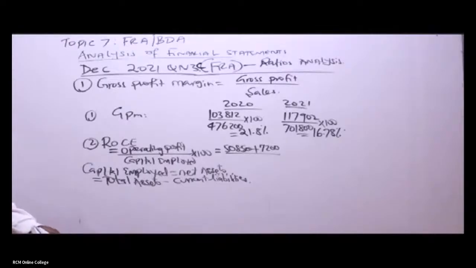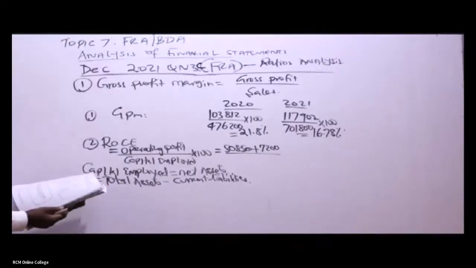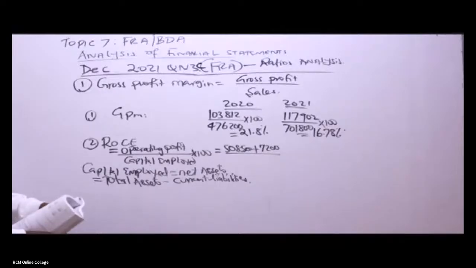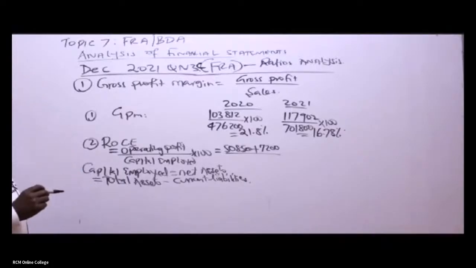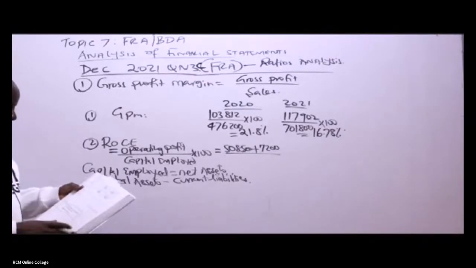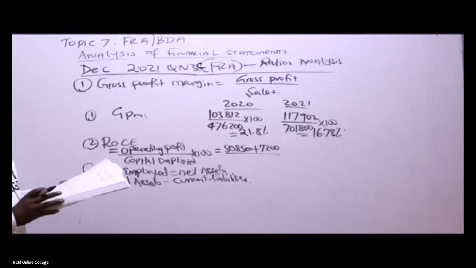So I'll be able to go back and repeat that, but let's finish this and then I'll repeat this. No problem. All right. So anytime they want us to give them capital employed, I will always take total assets minus current liabilities. So in this question, have they given me total assets, ladies and gentlemen?